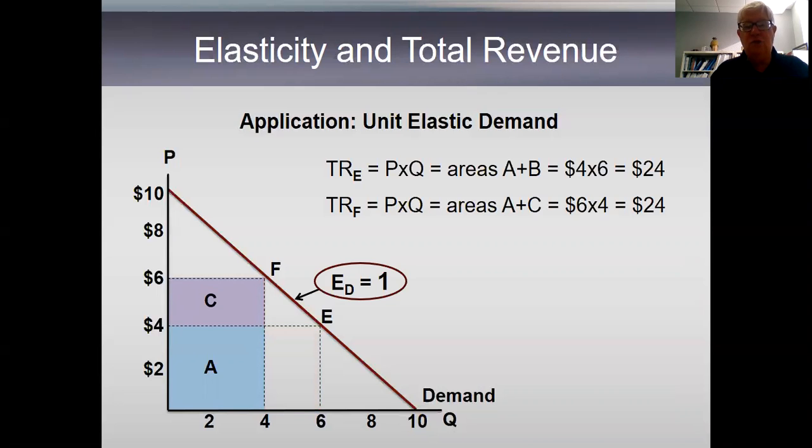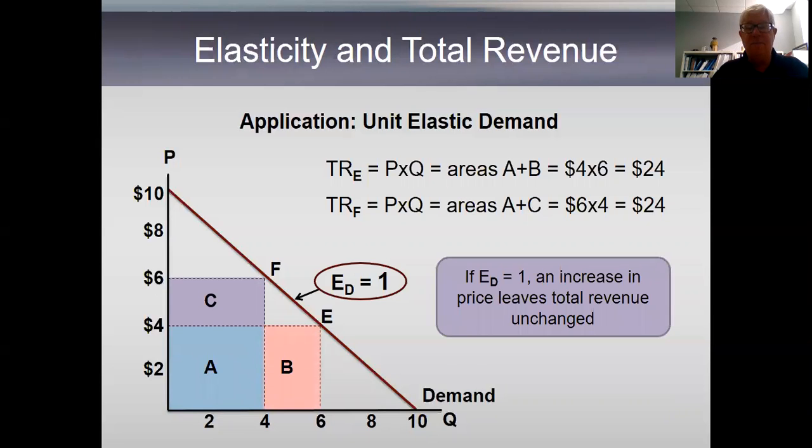If we change the price, we take it to a price of 6. Now we're in the elastic zone, and we raise the price to 6. We get a reduction in quantity from 6 to 4, an increase in price from 4 to 6. We get the same revenue. That's if it's in and around a unit elastic point on the graph.